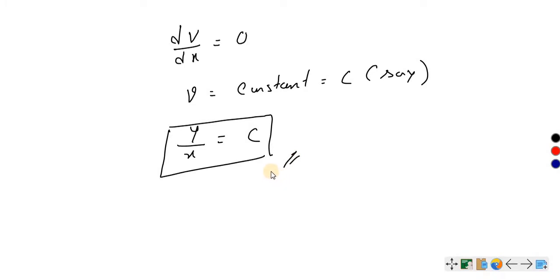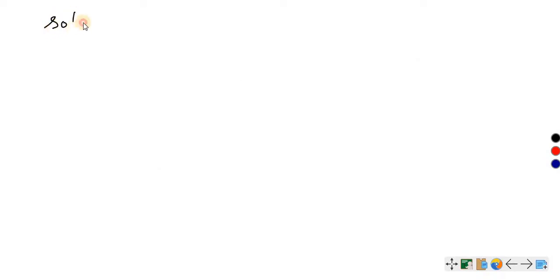Okay, let us try to understand this with the help of another example. Suppose we have another question, that is solve 2xy plus x square y dash, I think you know, it is dy by dx, equals to 3y square plus 2xy.